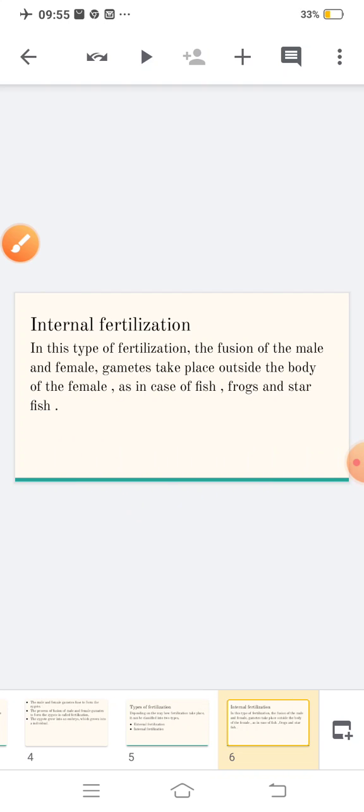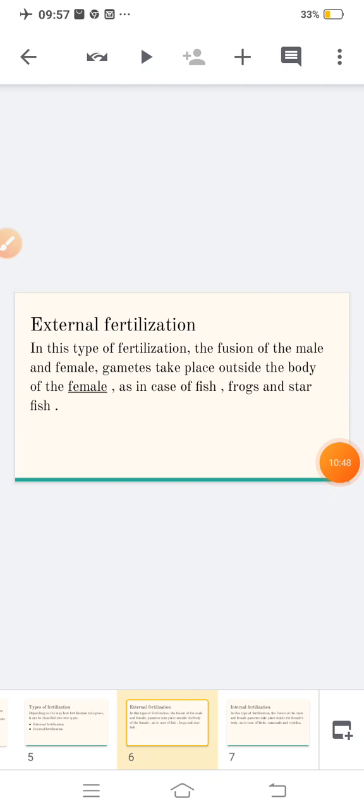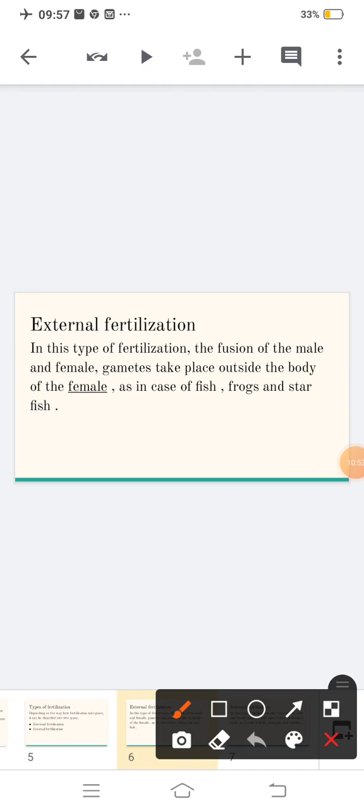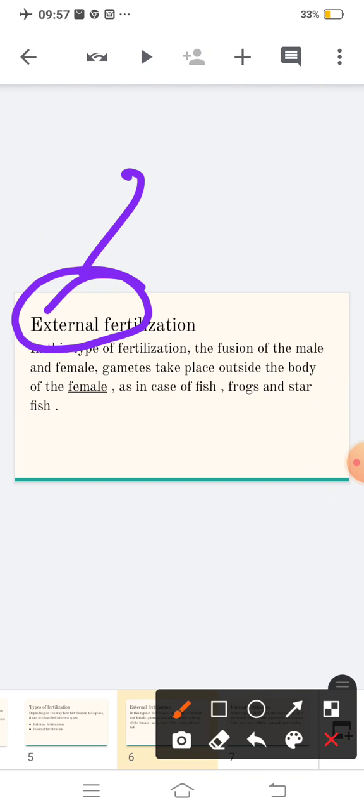Now, what do you mean by external fertilization? See, the word external itself says outside.